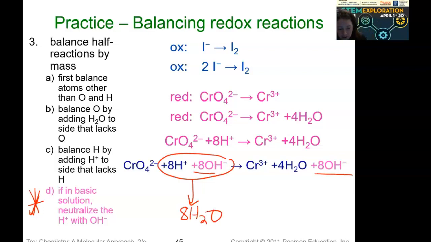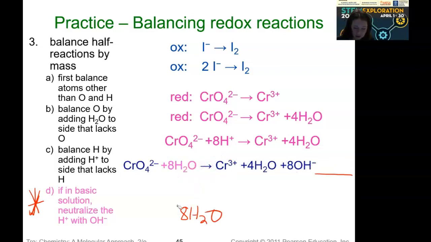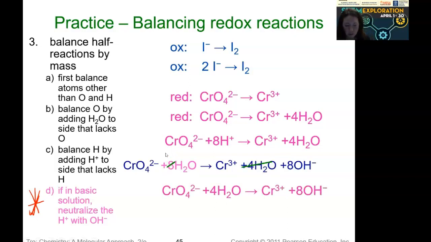So I'm just going to combine that into 8 waters. Then you can simplify your waters here, or you can simplify them later. I like to simplify them earlier. So if I have 8 waters here, 4 waters here, those just go away, and now I have 4 waters total. Oh, look, I did that for you here. Very nice. So we have 4 waters.